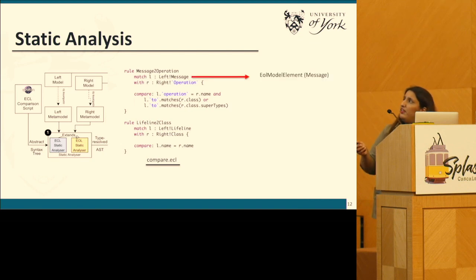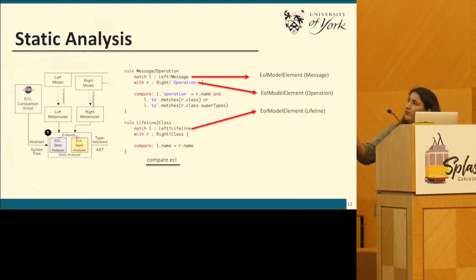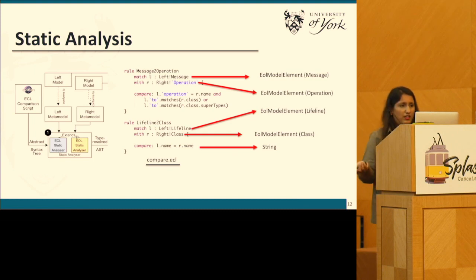As an example, the L variable here has its type specified to be a message type, which is an EOL model element, and we would have the same with the operation. It's a model element type, and so on. And for the primitive types, r.name, as shown from the meta model, is a string type. So this is what the static analyzer does. Now we have an AST which has all the type information attached to it.